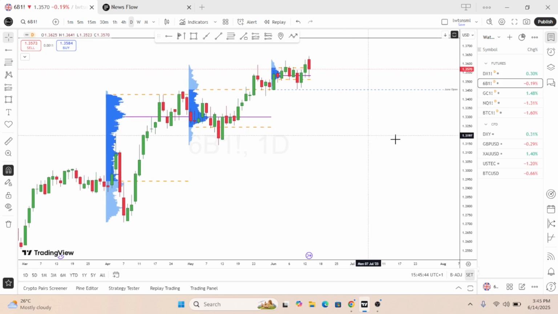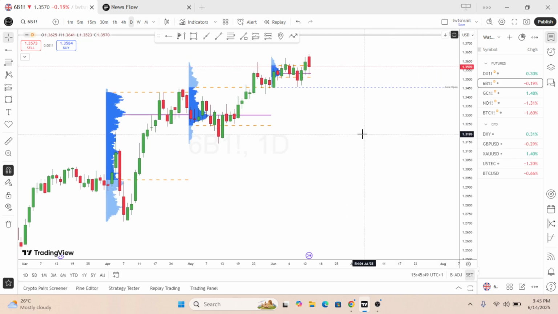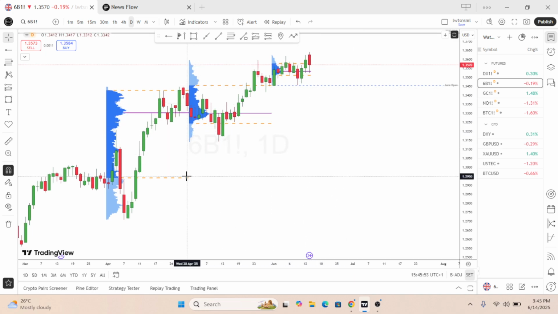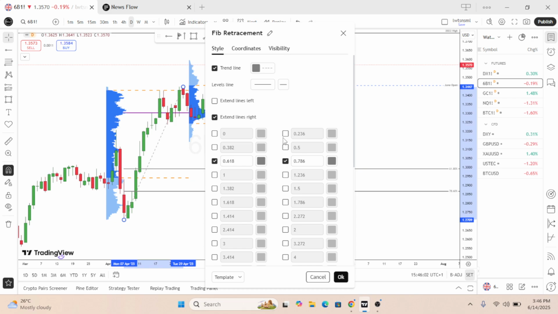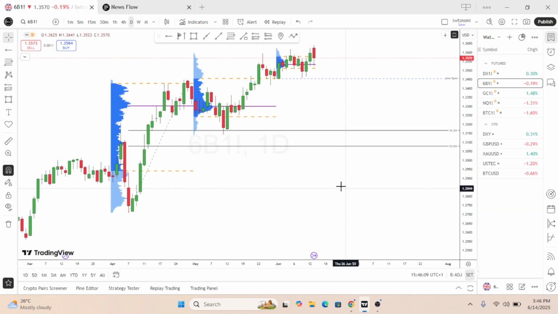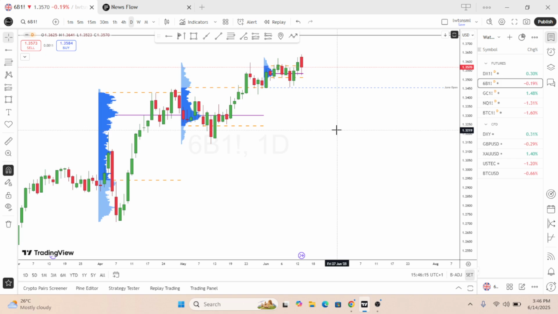I'm going to tell us what I expect for next week, even after I've just unloaded the chart to us. And last month of May as well, for the pound futures, which is what we are currently on, we did have a retracement up to the 38.2 and 50% level before we had a continued rally upward.